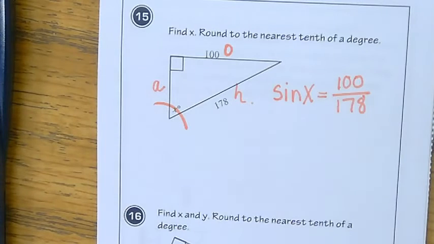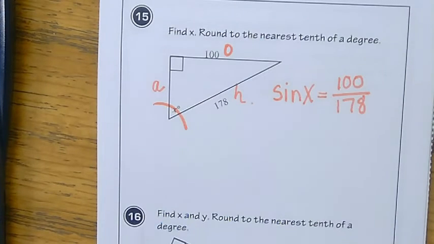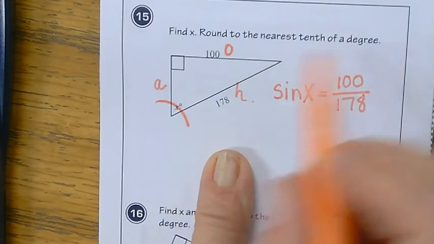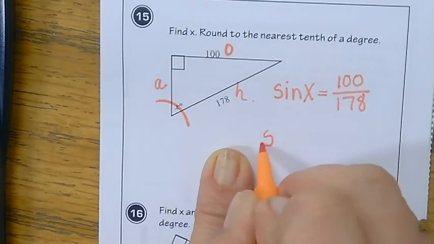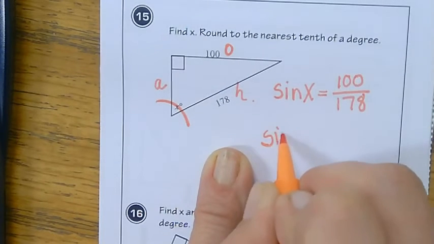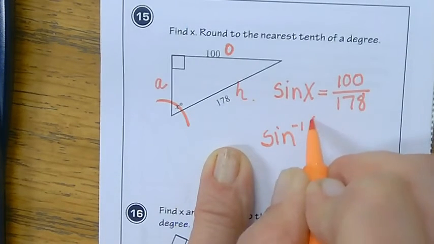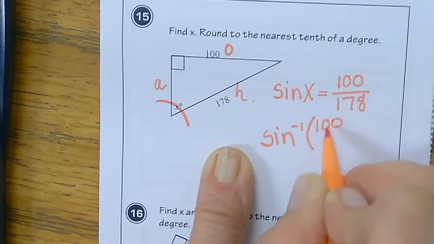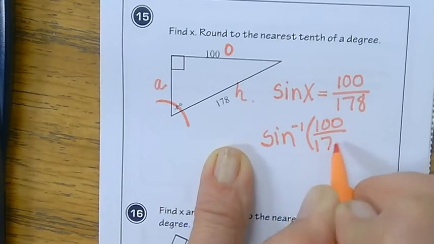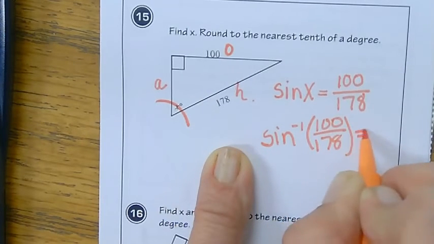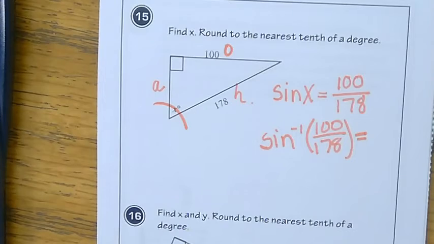For our work here, there's no need to reduce it, because we're going to use those numbers within our problem. You could, but why? Because then you might make a mistake. So we know we want to go backwards and find out what x is. So you say sine to the negative 1 of 100 over 178 equals, and you use your calculator.